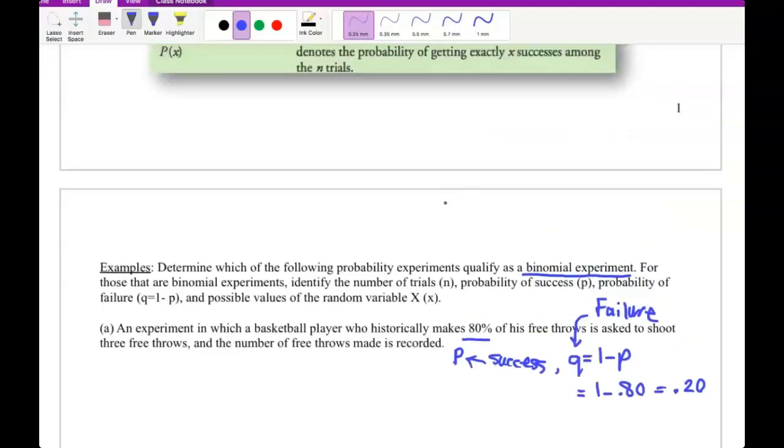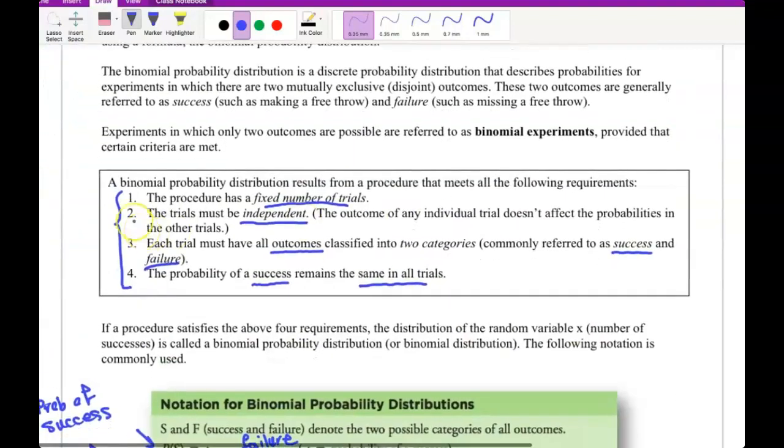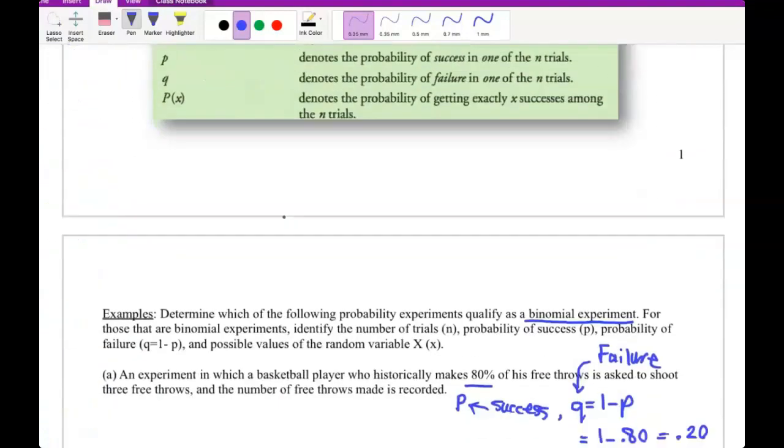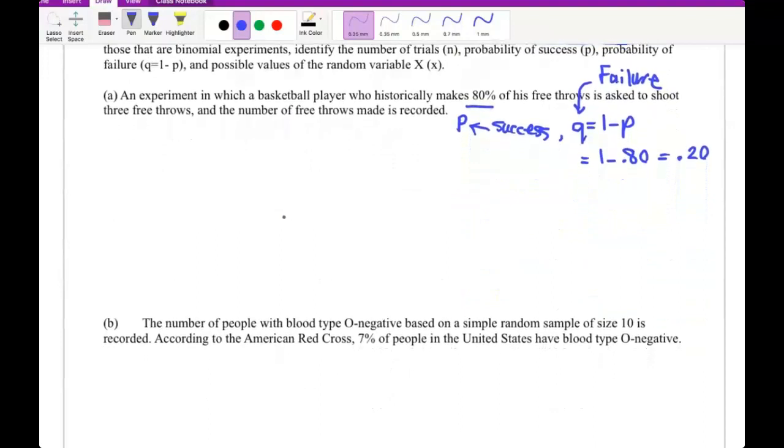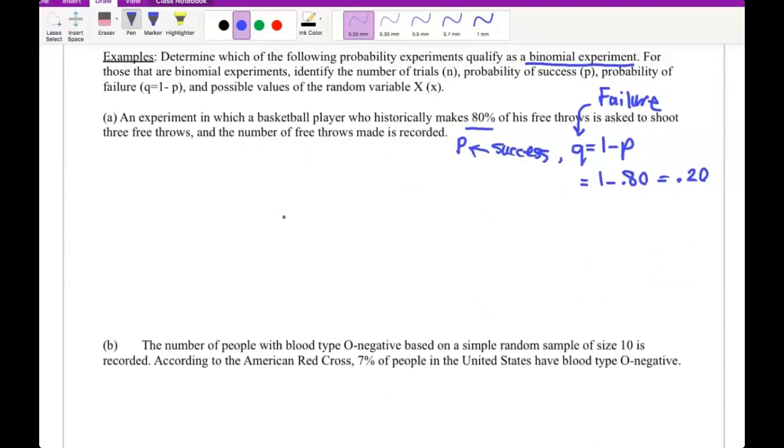Now we should follow these steps to see if we have a binomial experiment or not. The first one, the procedure should have a fixed number of trials. He had 3 free throws, and that is N. So we have a fixed number of trials. N is 3.